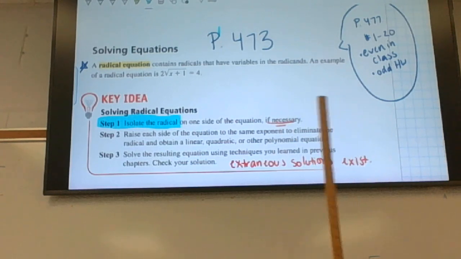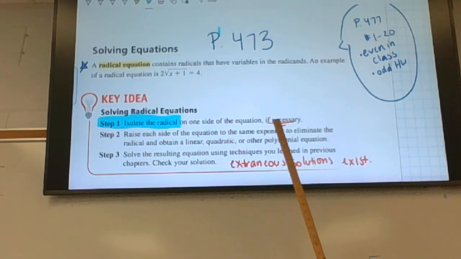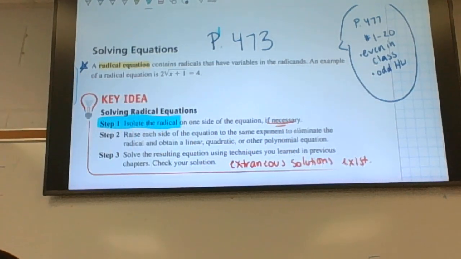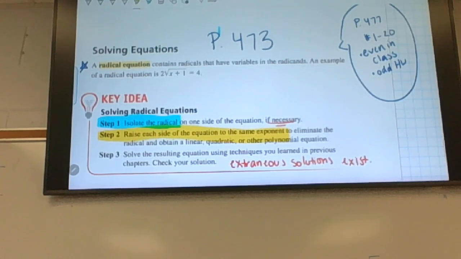Step 2, raise both sides to the same exponent in order to eliminate the radical. What will happen is the exponent cancels the radical and you solve what you're left with. Sometimes you're left with a linear, quadratic, or other polynomial.